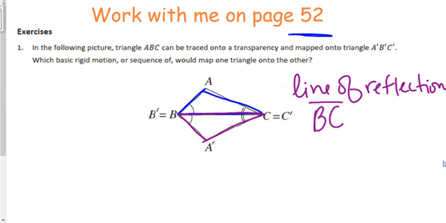Okay? So that's how I want you to answer these. I want you to be specific. If you say rotate, well, remember, what point did they rotate around? Did they rotate around point B, point A, point C, a point off of the figure? Did they rotate clockwise? Did they rotate counterclockwise? Those are the two things you need to know if they rotate. If they translated, did they translate from point B to point B prime? Remember, you have to have a vector. You have to have direction and distance. Did they translate from A to A prime, C to C prime?